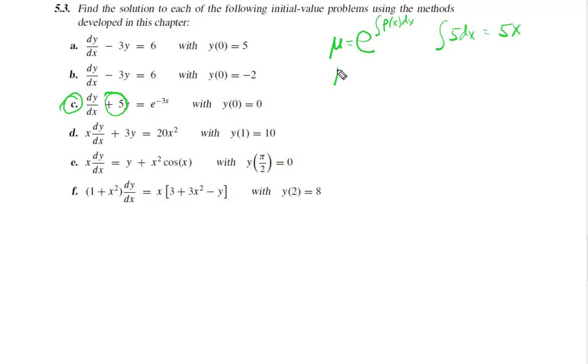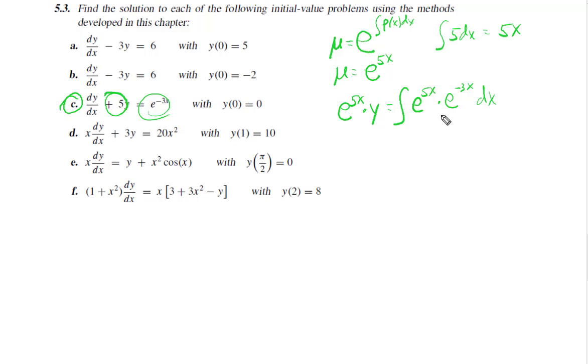So our integrating factor comes out to be e to the 5x. So we need to rewrite the entire left-hand side as mu, that's e to the 5x, times y, and then the right-hand side would be mu, that's e to the 5x, times the f of x, which is e to the negative 3x.